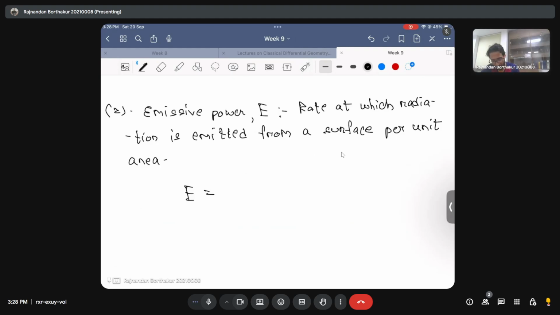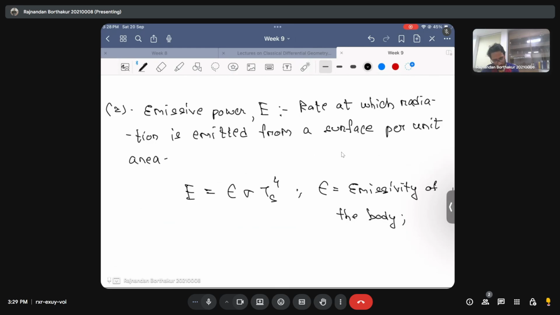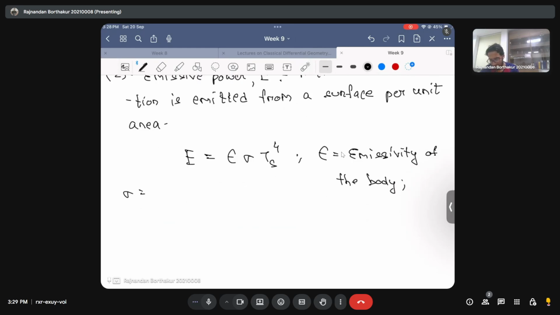Okay, and mathematically this emissive power is, so basically it appears as epsilon times sigma times Ts raised to the power 4. Okay, where this epsilon is known as the emissivity of the body, and this sigma is known as the Stefan-Boltzmann constant, and you can find its value as 5.67 into 10 to the power minus 8 with a unit of watt per meter square Kelvin to the power 4.